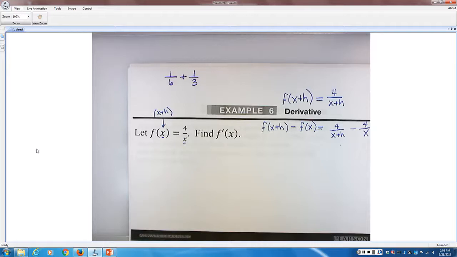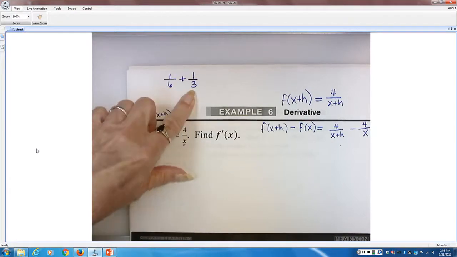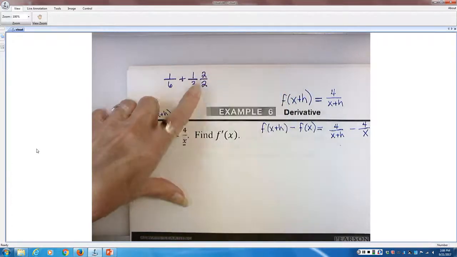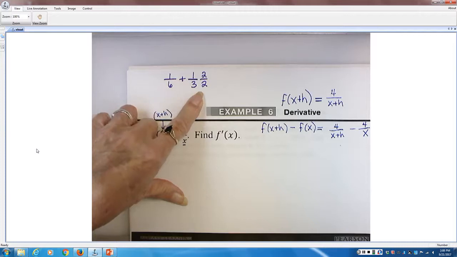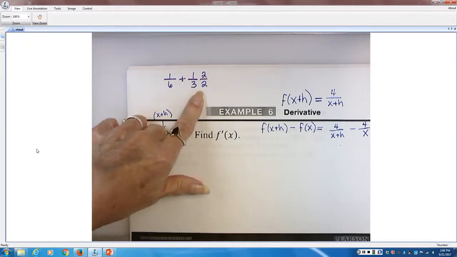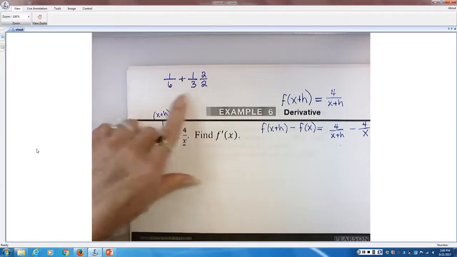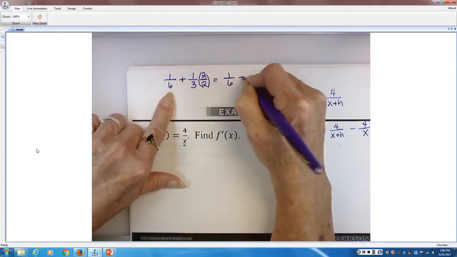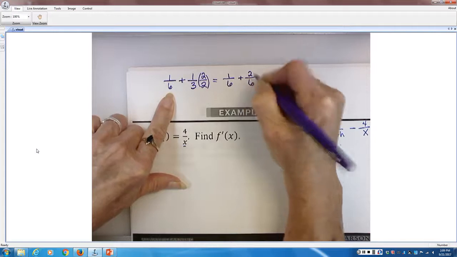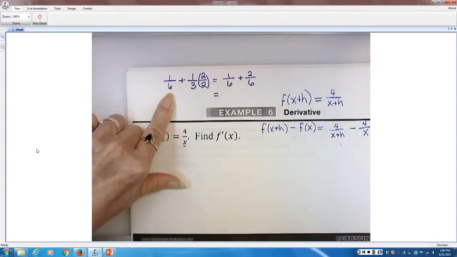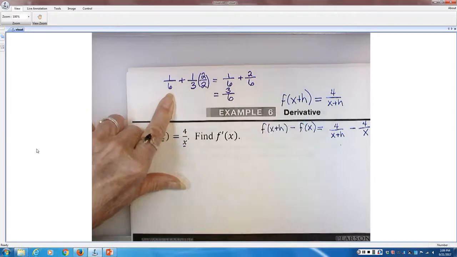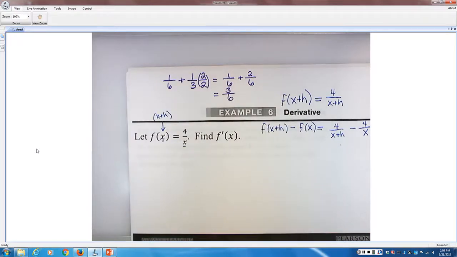Okay. You already got the denominator here. How am I gonna get it over here? Okay, so I have to multiply the whole thing by 2 over 2. Because 2 over 2 means that I'm multiplying it by 1, therefore I didn't change its value. I'm just changing the way it looks. So the answer is 3 over 6. And we could reduce that, but I'm not interested in you reducing the fractions right now, okay?